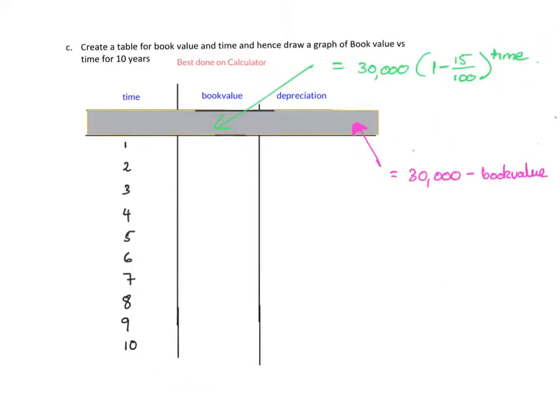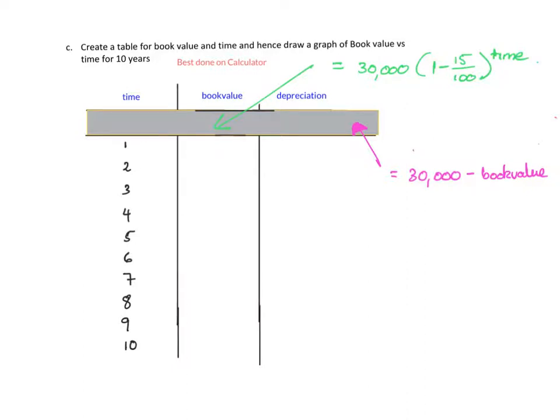So in part C, we're using answers from part A and part B. We still have a $30,000 tractor, which is depreciating by 15% annually. And what they want now is a table with time and book value for the first 10 years of its life.